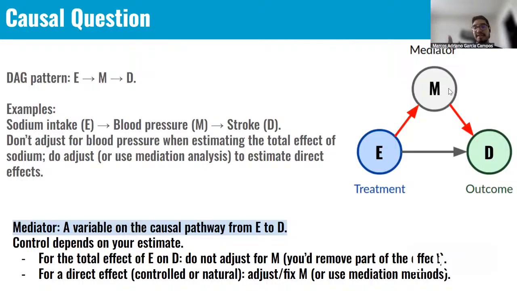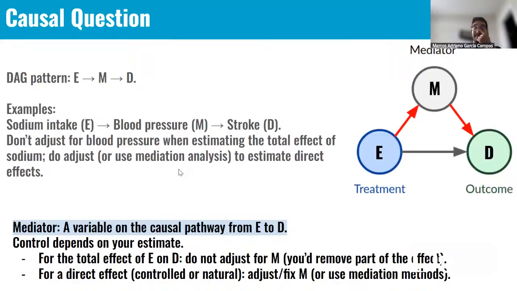This is on the way and not another cause because I depend first on the blood pressure. And here it's not necessary to adjust for it because it is between the two variables. However, if I adjust for this, I didn't change my way, and this is not a door, and I don't need to control for this.